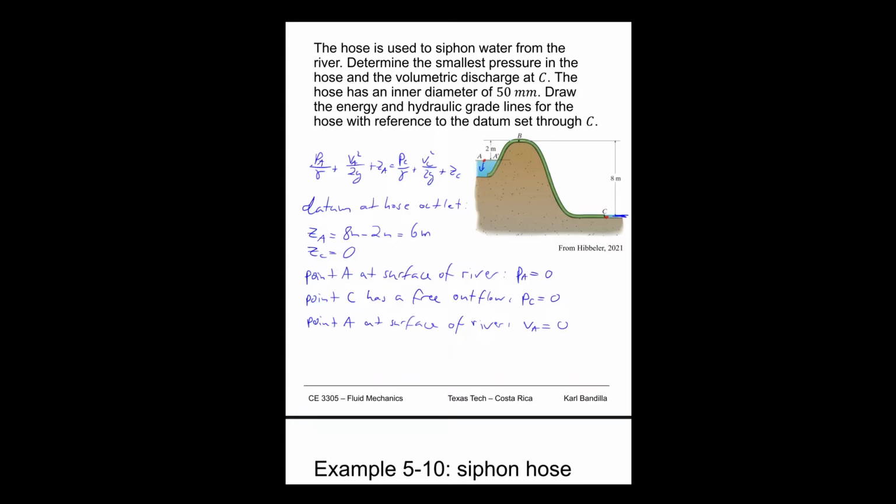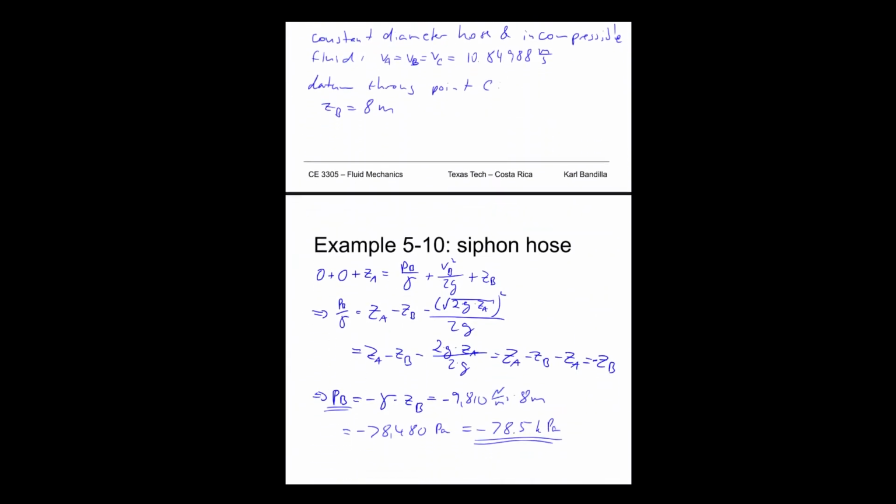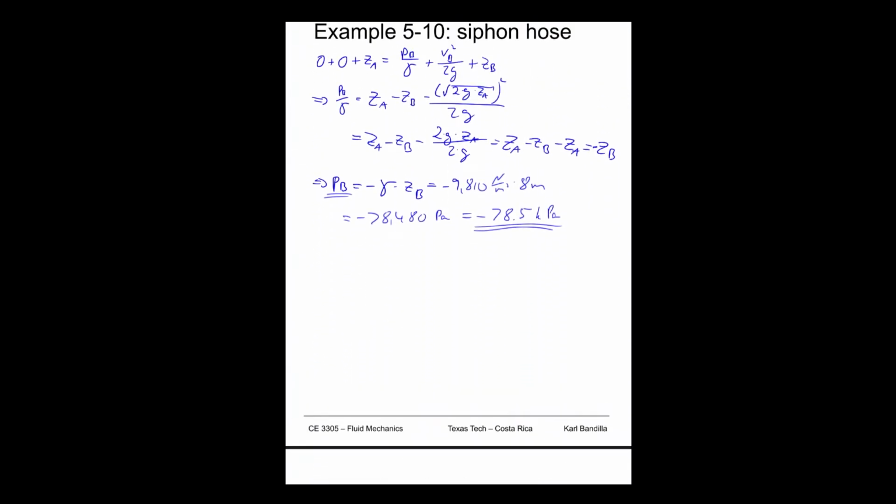All right, we're also asked to draw the energy and the hydraulic grade lines. See how much space we have. We'll start right here. So we talk about our energy grade line, or EGL. So what can we say? Well, we know there's no pumps in the system.